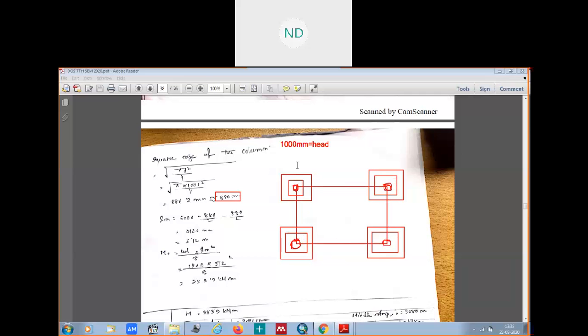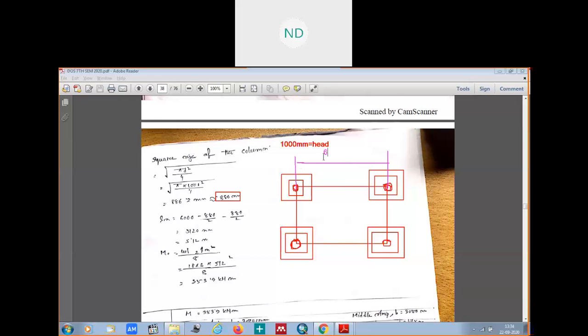If you see this, from the center of the column to this center, we know how much this is.